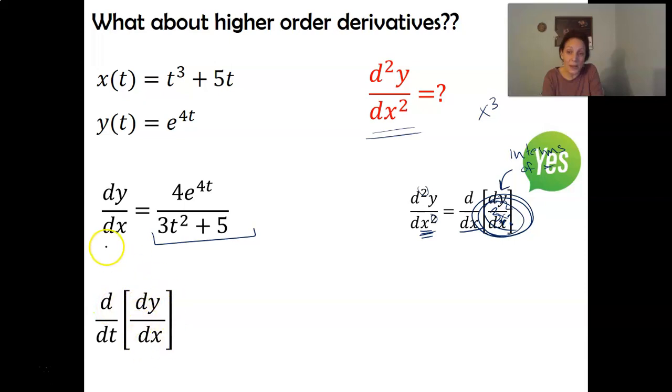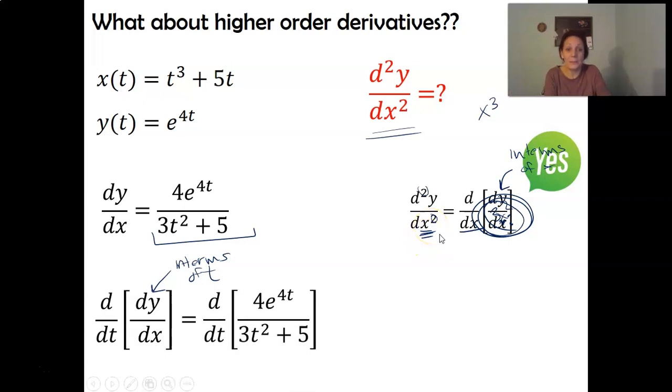If you take the derivative of this, you're taking your dy/dx. But in this case, your dy/dx is in terms of t. So when you take the derivative of this, which we are going to do, it's a quotient rule, you're not getting d squared y over dx squared. Not getting that. You're getting this.